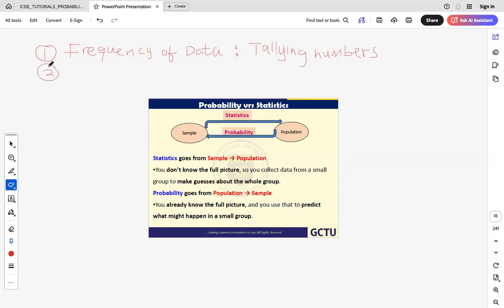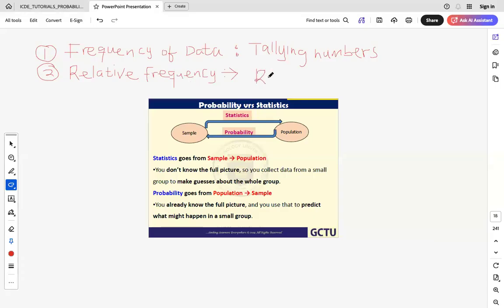Then a new thing you will learn today is that just after the frequency of data, you find a metric called relative frequency. And for relative frequency, the formula you will use is as follows.